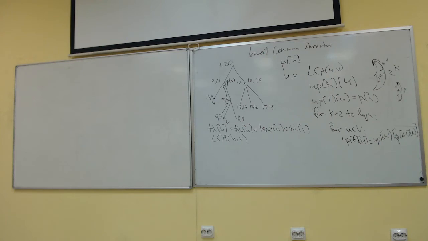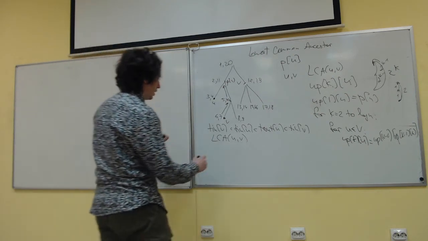We should do some kind of binary search, right? We take the biggest jump of 2 in the power of k. Then, if it is an ancestor, we take the jump of 2 in the power of k minus 1, and in the other case we take the jump of 2 in the power of k minus 1 as well.